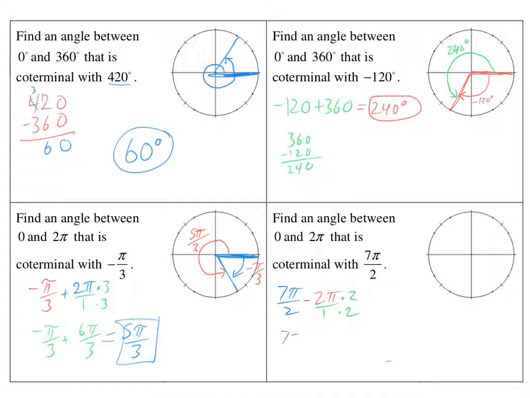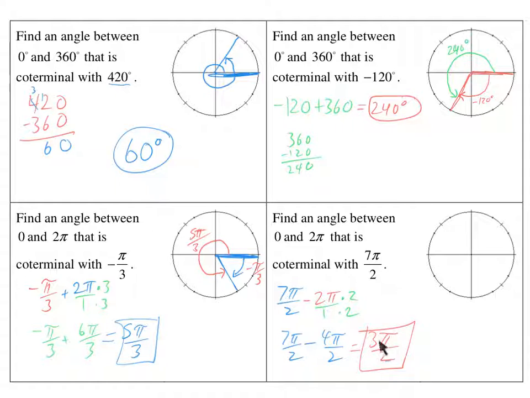And I'm going to get 7 pi over 2 minus 4 pi over 2. Where did I get 4 pi over 2? When I multiply top and bottom by 2, that becomes 4 pi over 2. Now, can you subtract the tops? And you get 3 pi over 2. That right there is coterminal to this, and it's in the interval.